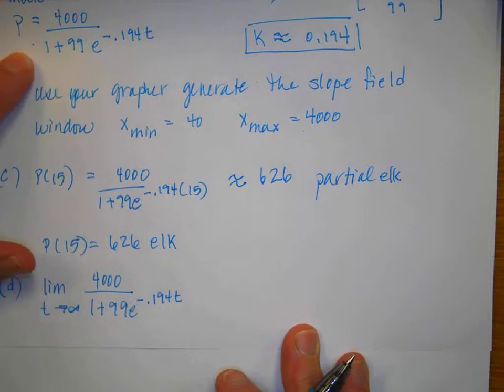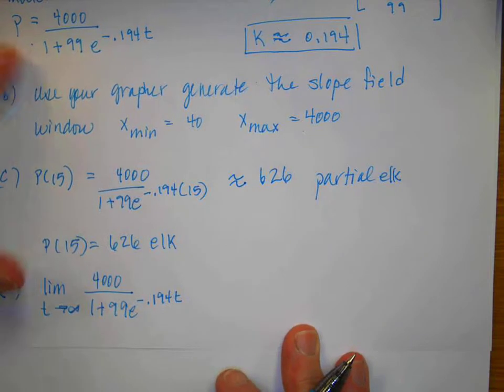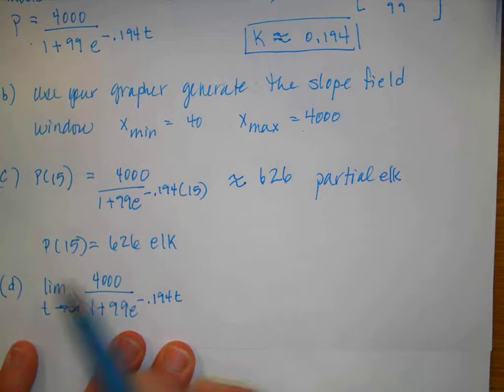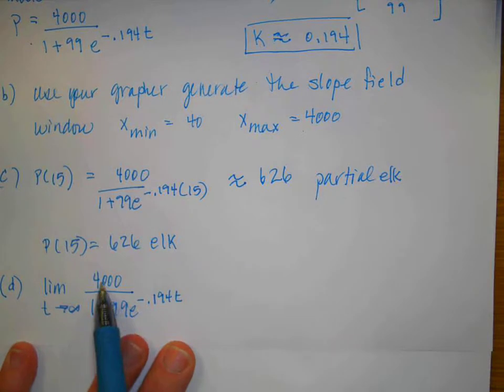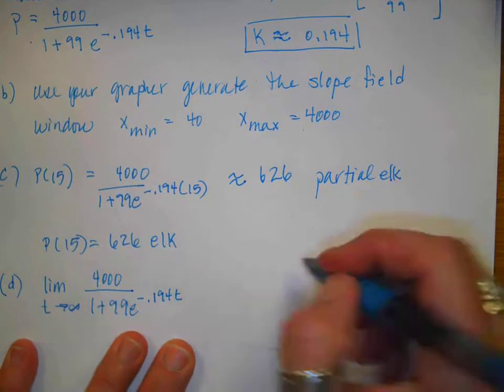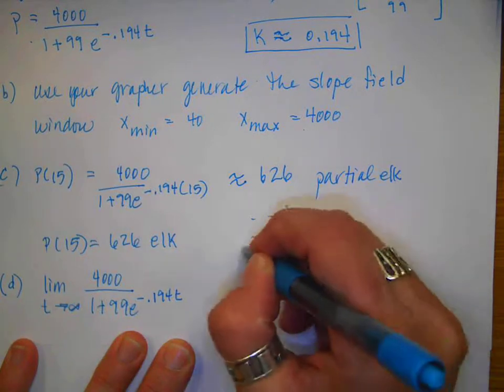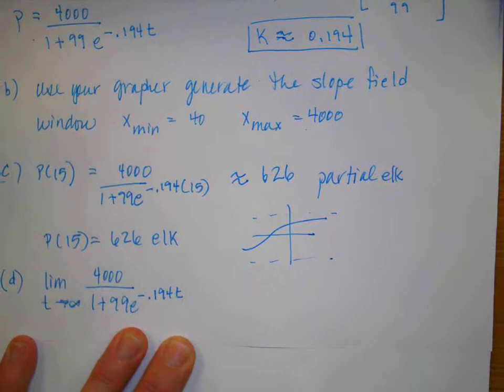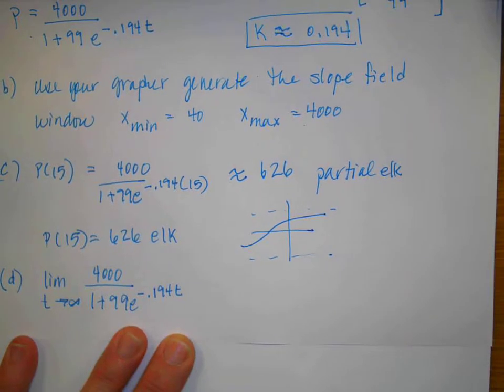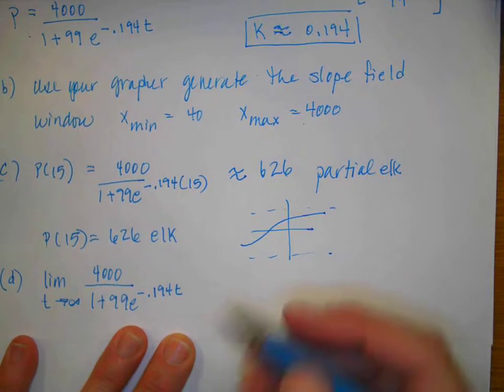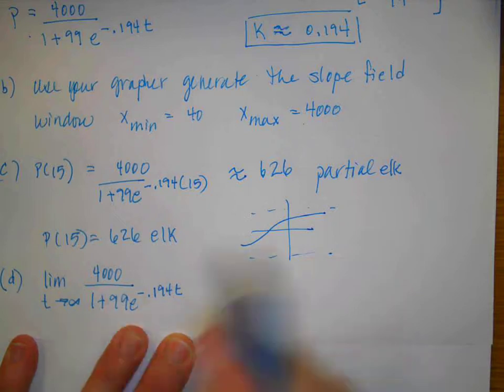So we actually found the logistic growth equation, and then we're doing our math with that. So if I look at this particular function, the limit is going to be 4,000 because if you remember, the graph is going to look, here's an asymptote, and then it's going to look like that, right? Well, we know what it is, but we want to talk about how to do it mathematically.